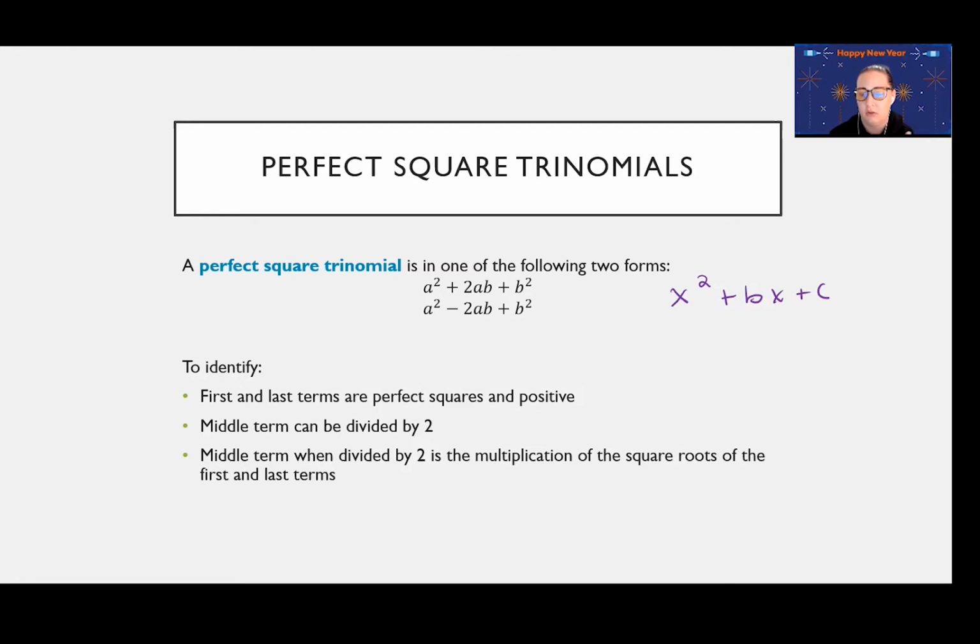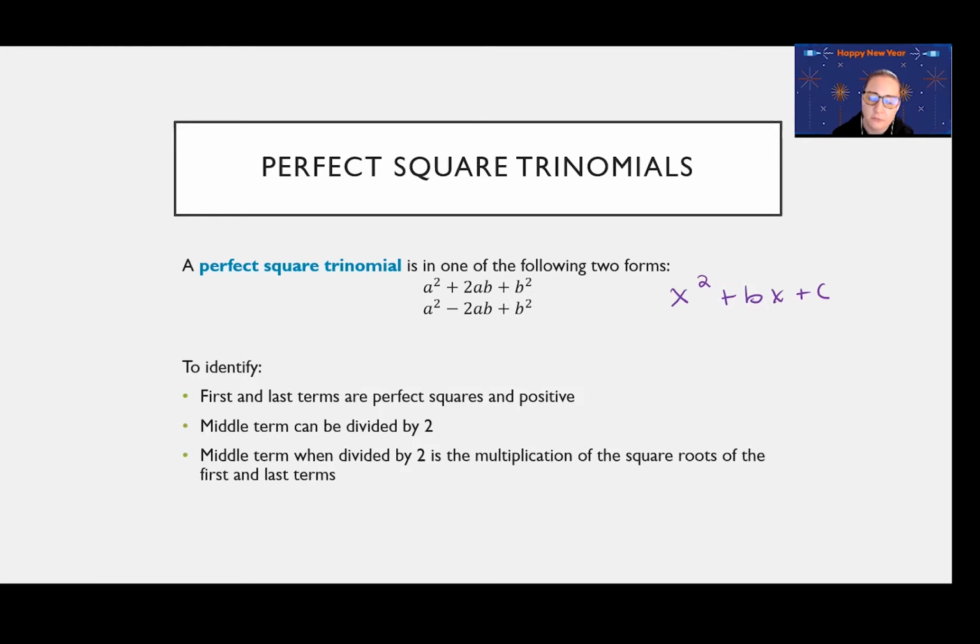But to see whether it fits into this, you need to determine the first and last terms. Are they things that are squared? If there's numbers in there, you'll take the square root of the number and get a whole number. And they have to both be positive. Then you look, can that middle term be divided by 2? If so, you're good. And then the last thing to check is, after I divide it by 2, is that the result of taking the square root of the first and last and multiplying them?